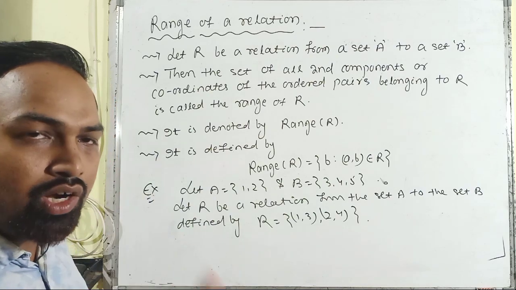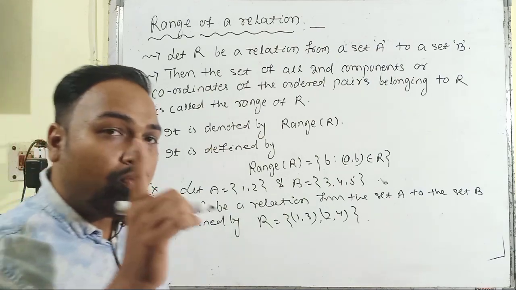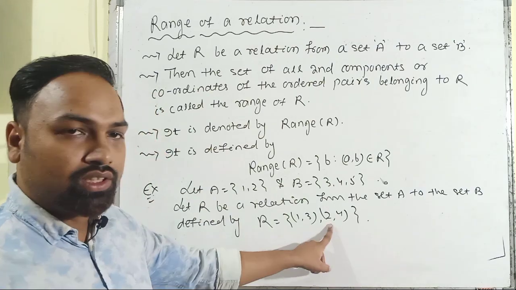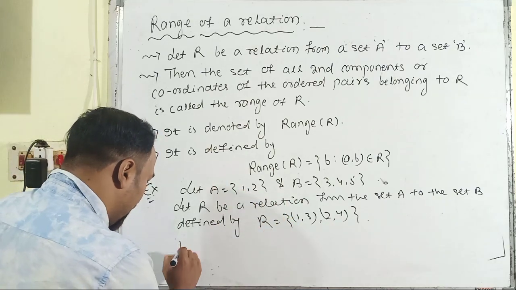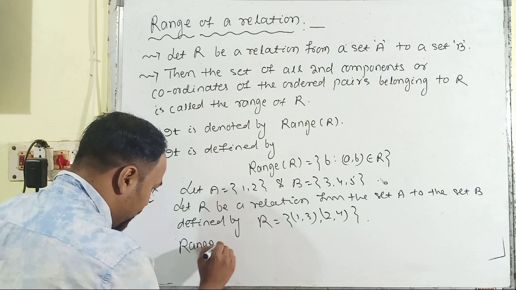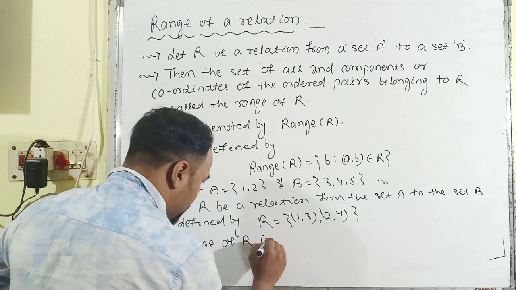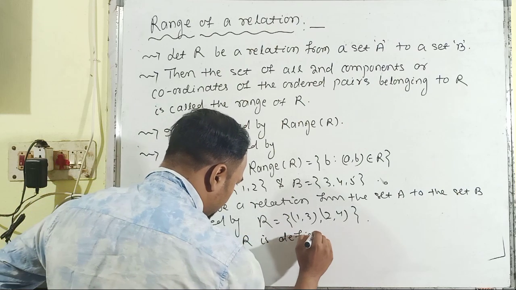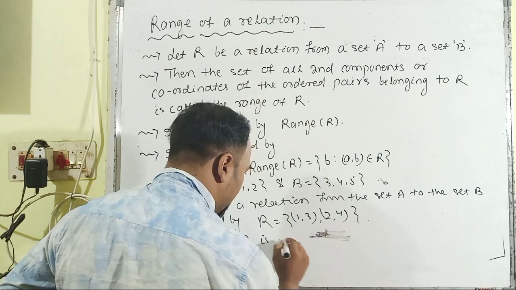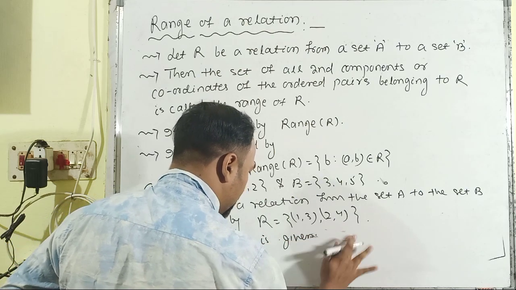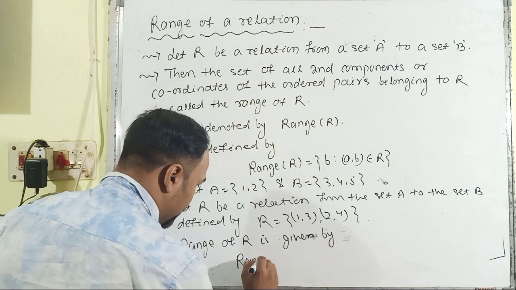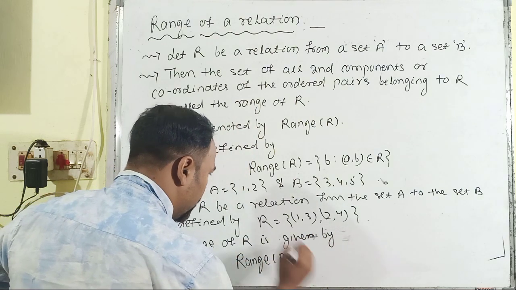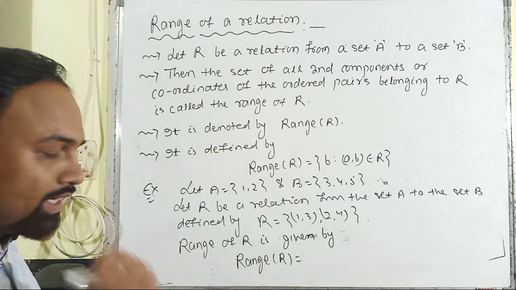That means we have to find the second components from the ordered pairs, not from the sets, from the ordered pairs. Range of R is given by the set of all second components.